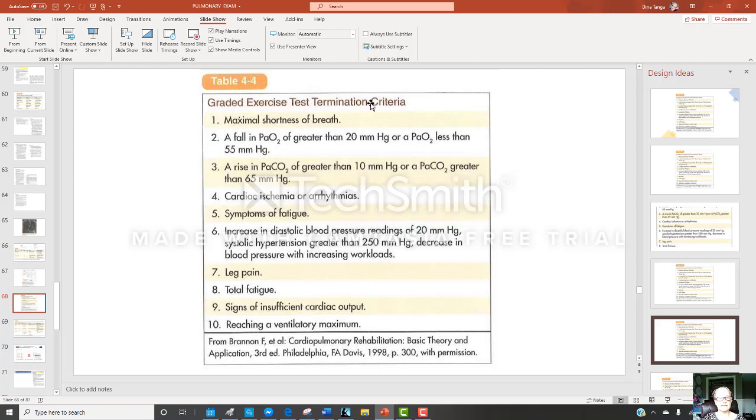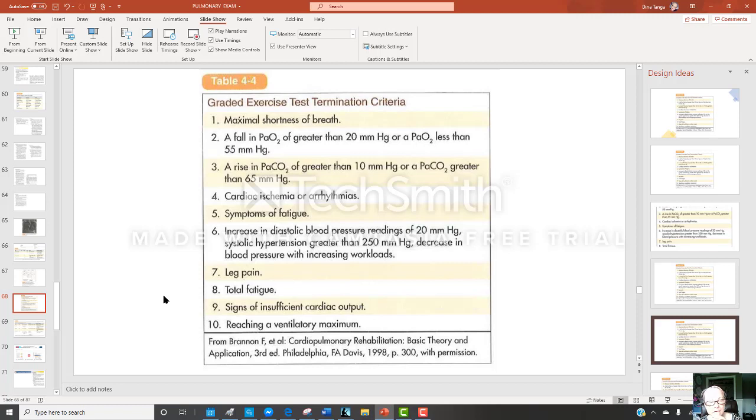Graded exercise test termination criteria. Cardiac ischemia or arrhythmias, symptoms of fatigue, an increase in diastolic blood pressure readings of 20, systolic hypertension greater than 250, and decrease in blood pressure with increasing workloads.